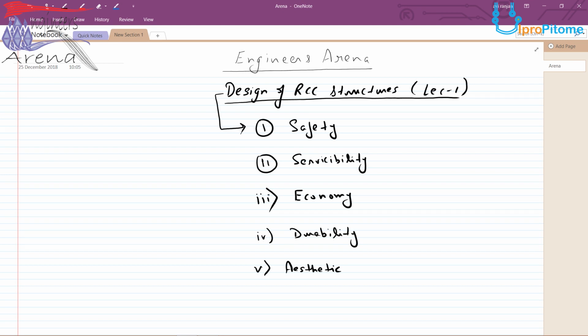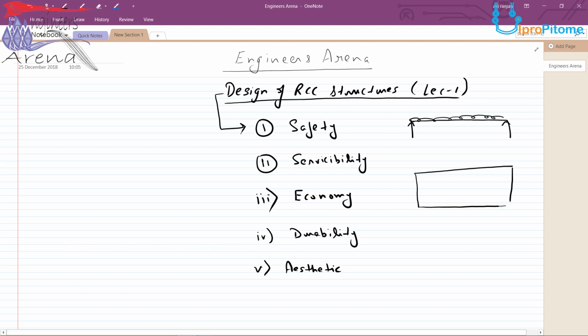Let us take a simply supported beam carrying a UDL load. Suppose we design a structure for this loading. We provide certain dimensions, width and depth of the beam, and we provide certain reinforcement also.